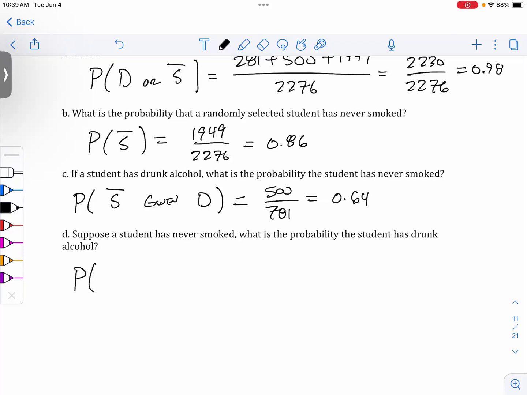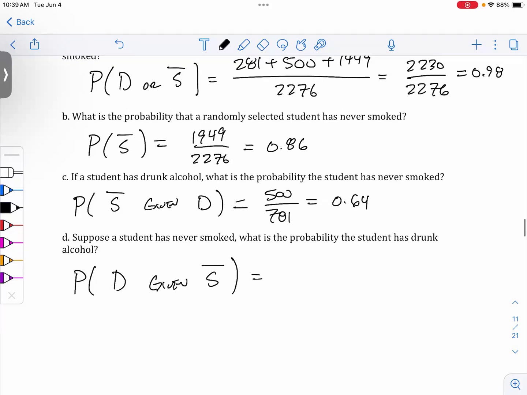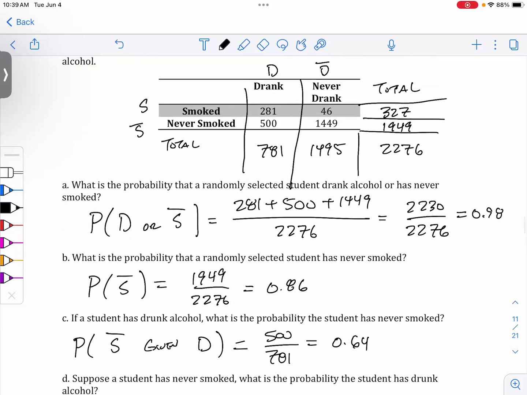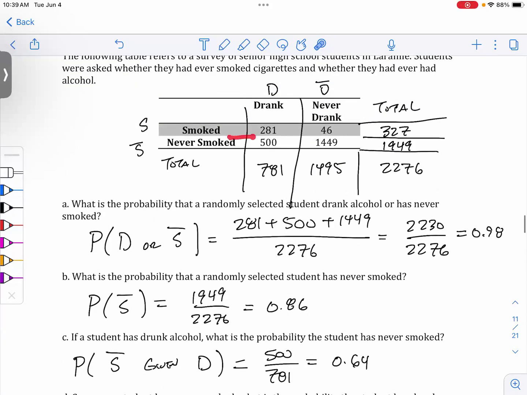Right? So, given never smoked, probability, drank. So drank, given, never smoked. And again, we look at the conditional first. Never smoked, which means I'm looking only at these values here. Then I look of those people who drank.